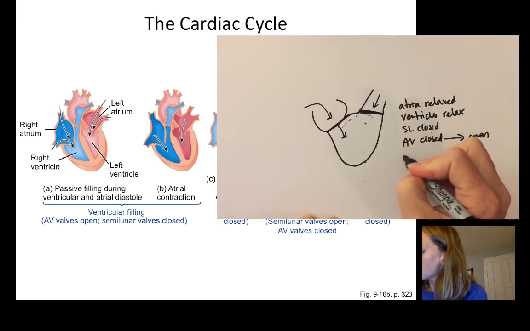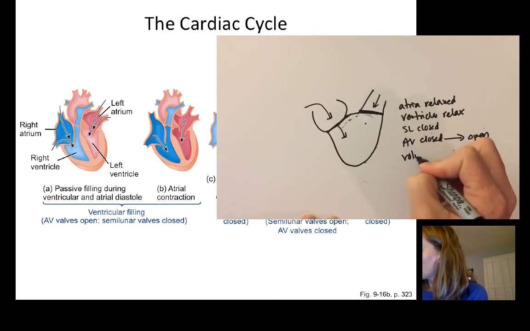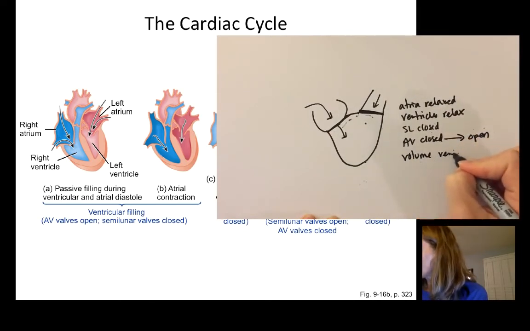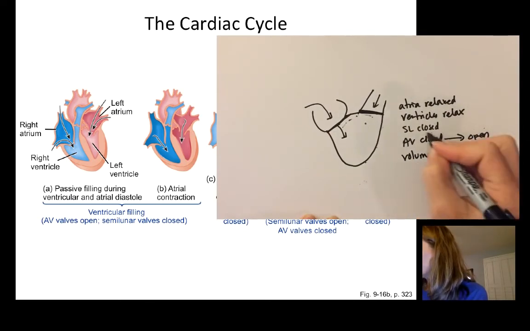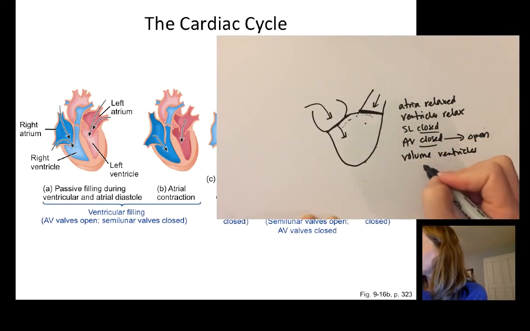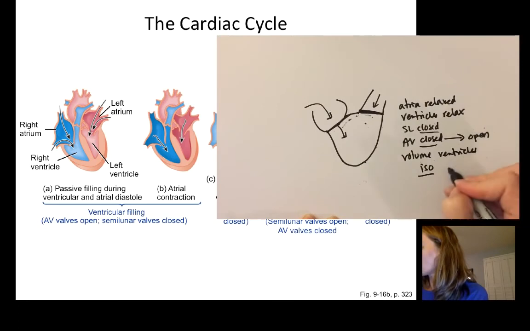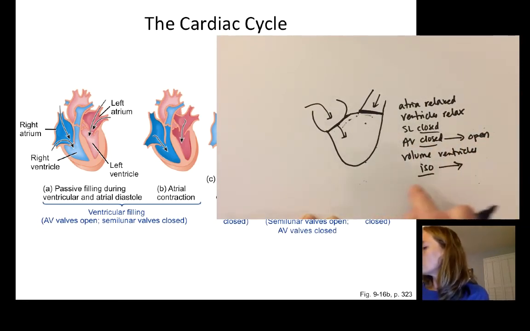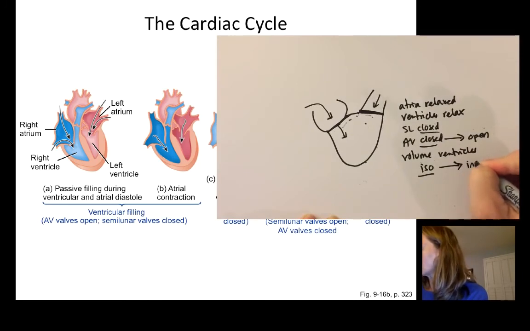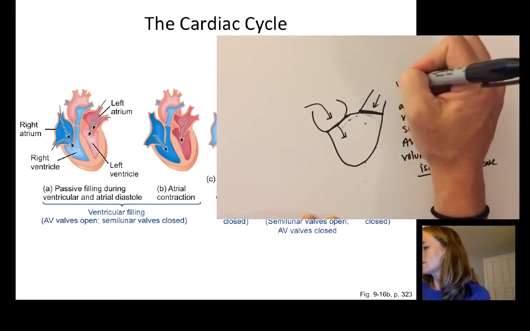So we have another phase here where the volume of the ventricles goes from ISO, because you had semilunar and AV valves closed, so ISO volumetric. But once the AV valves open, then the volume is going to increase. So this is a filling phase.